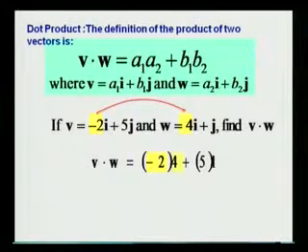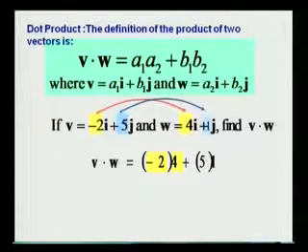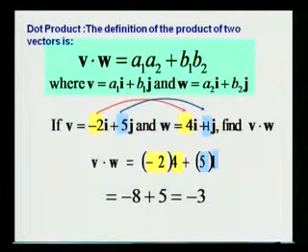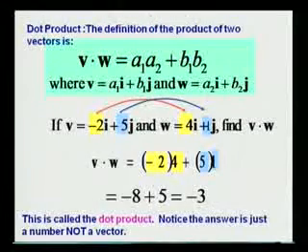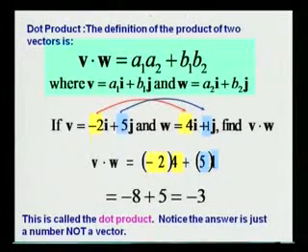So we get minus 8 plus 5, which is equal to minus 3. So v dot w is equal to minus 3. Note that minus 3 is a scalar, not a vector. The answer is just a number, not a vector.